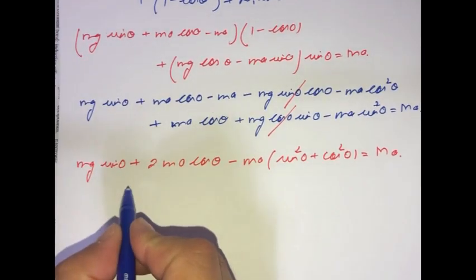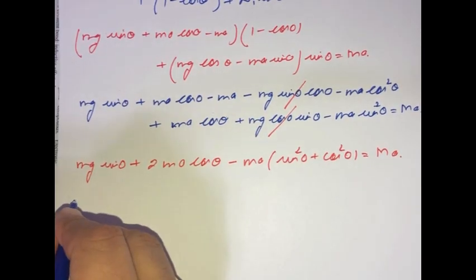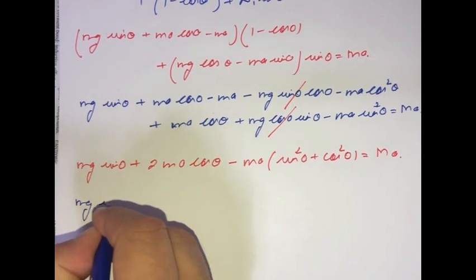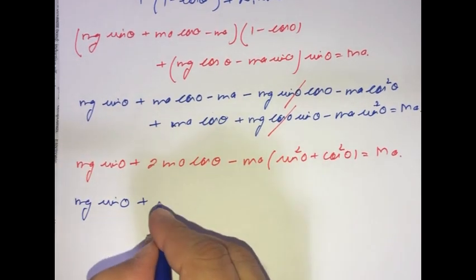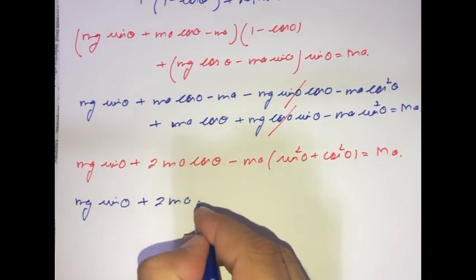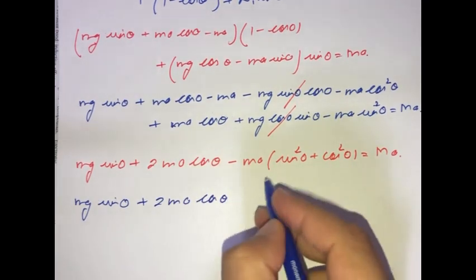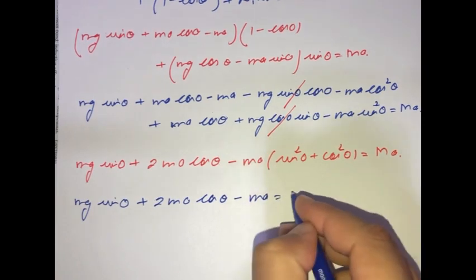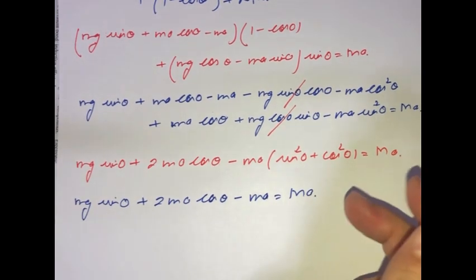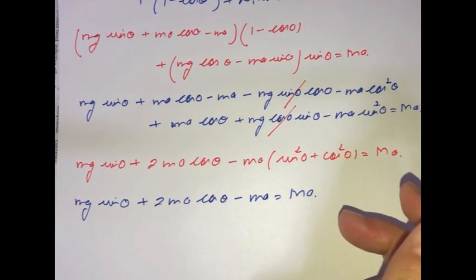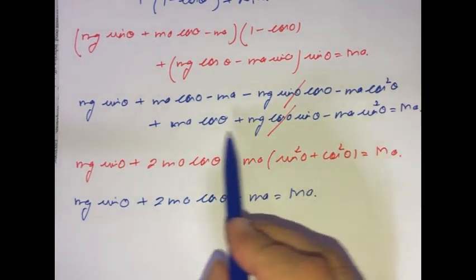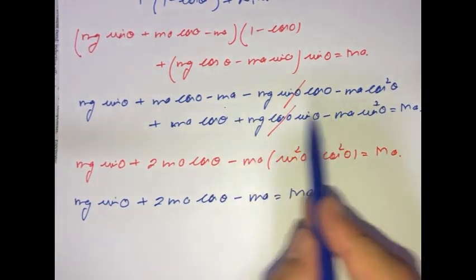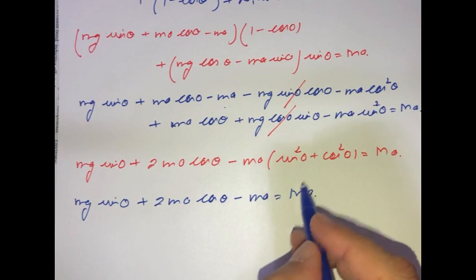So this can be written further as mg sin theta plus twice ma cos of theta minus ma is equal to Ma. I missed one thing here, that is minus ma also.